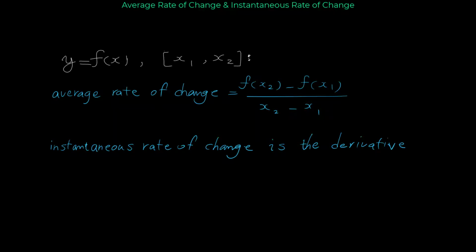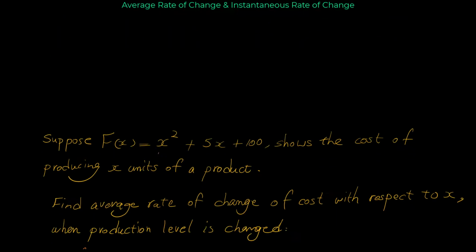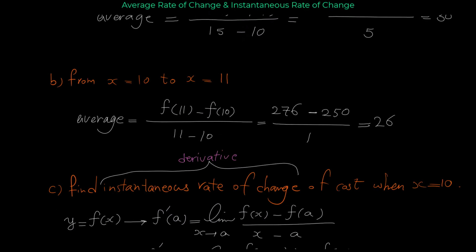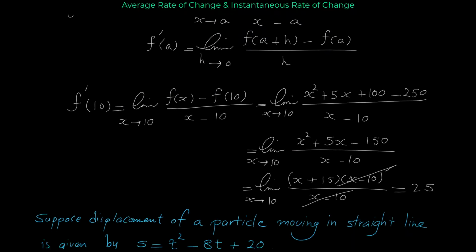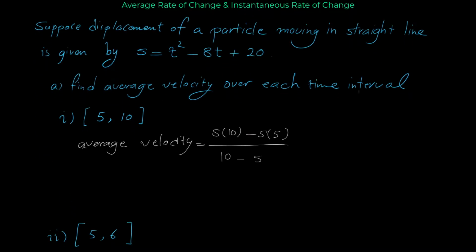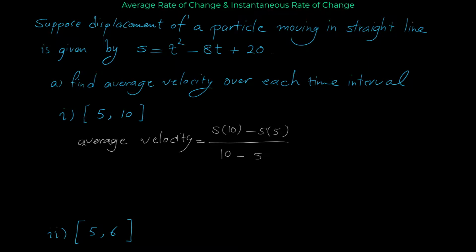We use the same formula for finding average velocity when we have the displacement equation. So for finding average velocity, you have to find the displacement at 10 and the displacement at 5, and subtract them to find the change in displacement over change in time: s of 10 minus s of 5 over 10 minus 5.